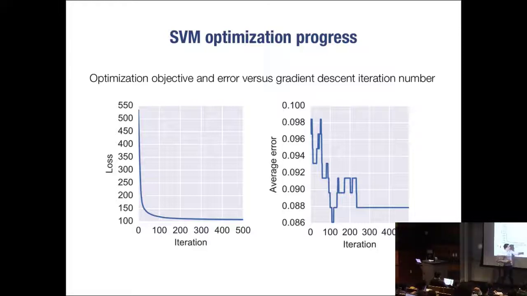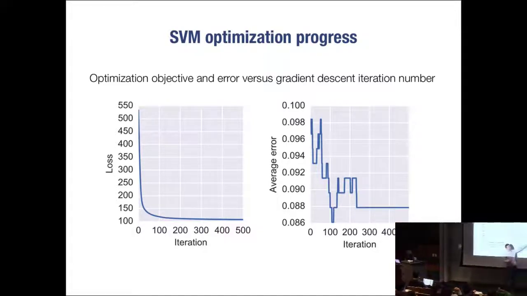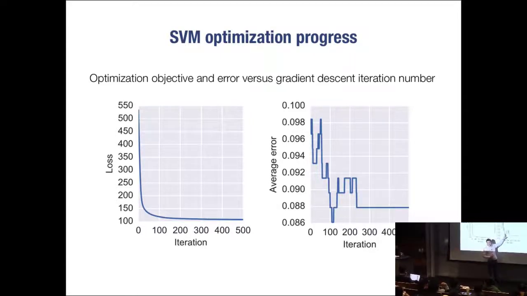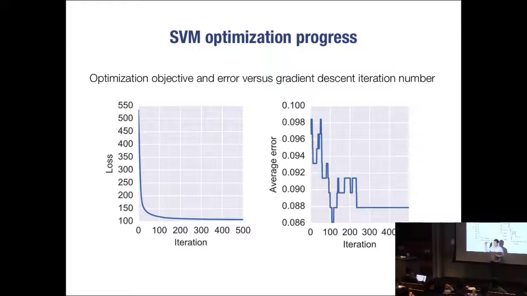The other thing to notice is that at some point we actually had lower error here. There was a point in time where we had lower error than our final level. This is exactly because we are not minimizing the error. We're not minimizing 0-1 loss. This is 0-1 loss, really, I'm showing, the number of points we get wrong, and we can't minimize that. We're minimizing the hinge loss, which is an approximation, or a surrogate for that, and its minimization does not correspond to the point of fewest errors.